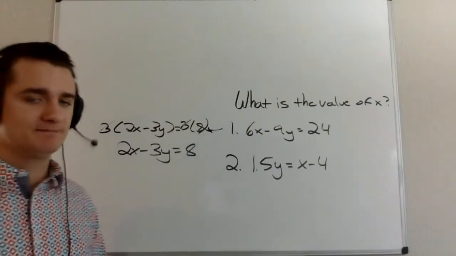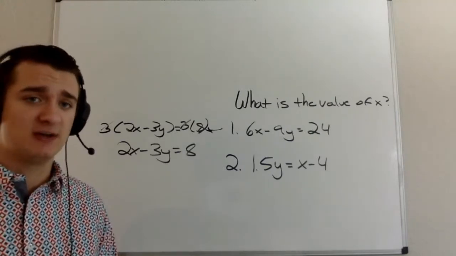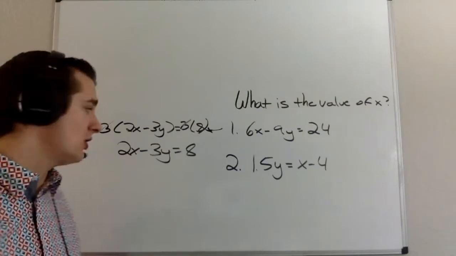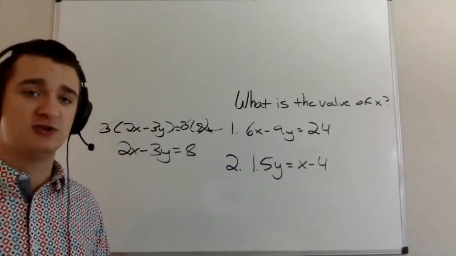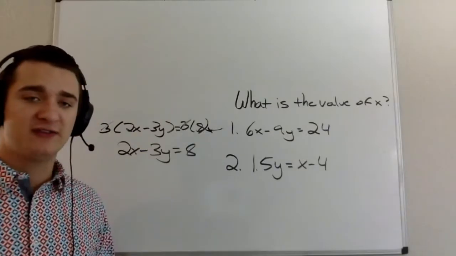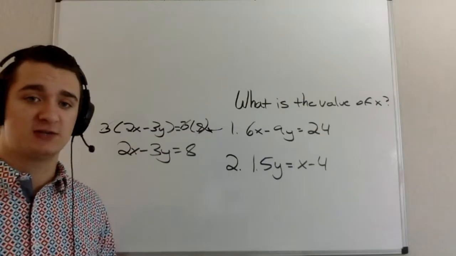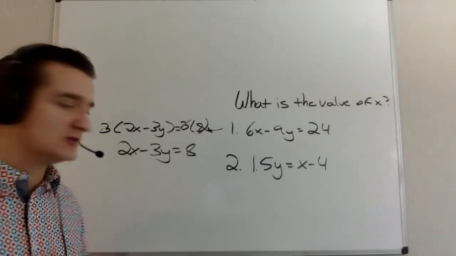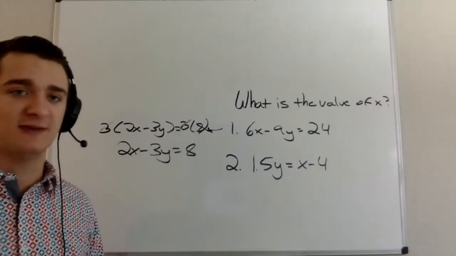usually during middle school, high school, in your past experience with simultaneous equations, the best way to solve simultaneous equations has been with substitution. Well, the people who write the GMAT know that, and oftentimes you'll encounter simultaneous equations where really the best way to solve them is not through substitution, but instead through elimination.